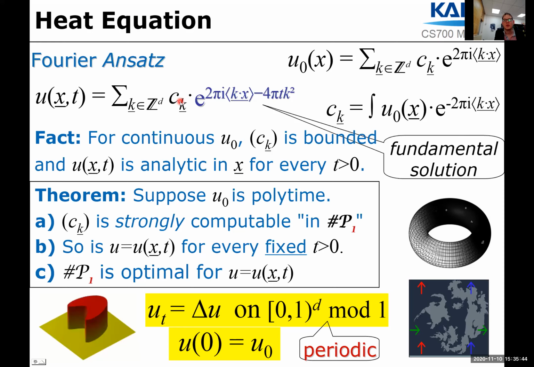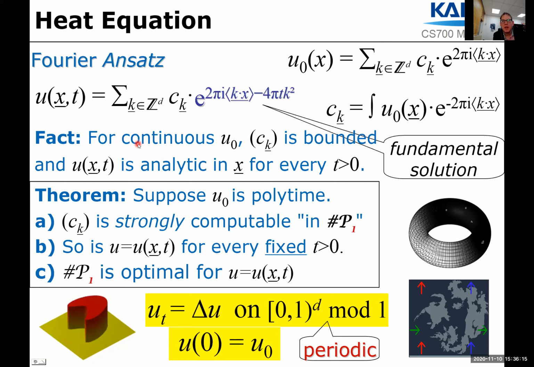Behind this argument is the observation that the spatial integral of the solution, the zeroth Fourier coefficient, will not change over time. The zeroth Fourier coefficient is when k is equal to 0, and you can see here this does not depend on time.